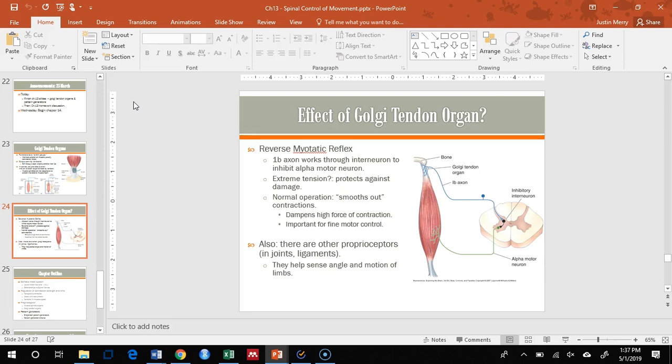Yeah, well, there's the extreme, and then there's the day-to-day example. The extreme would be, let's say you're doing a sport, running full speed, and you slam down and try to change direction. You're exerting maximal contraction.